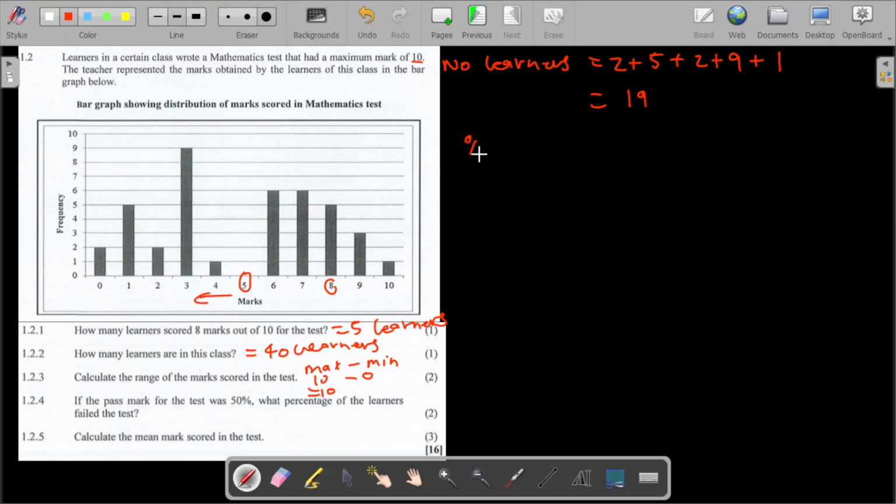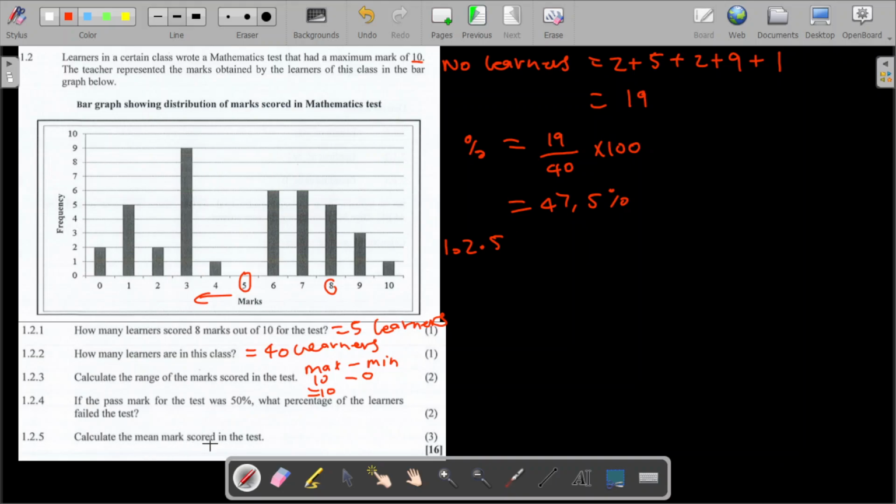So how do we get the percentage of those learners that are going to fail this test? It's going to be 19 over the total. Remember, how many learners do we have here? We have 40 learners, and then we multiply by 100. So the percentage here is going to be 47.5%.